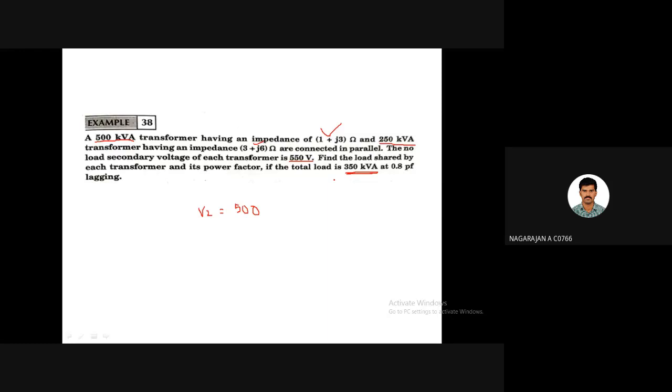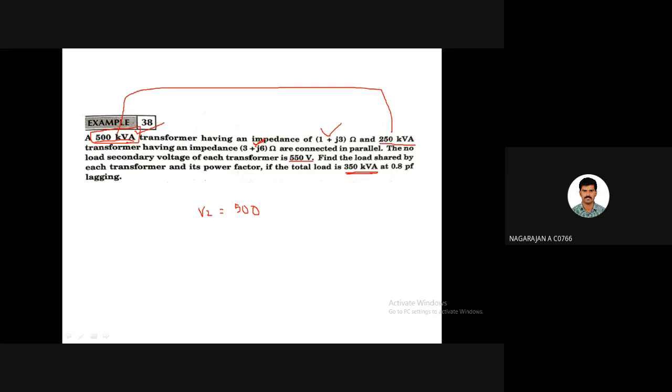If a problem is given in such a way, you need to change the impedance value based on which transformer is higher rated. Out of these two transformers, 250 kVA and 500 kVA, the 500 kVA transformer is the bigger one, so we need to consider that as the base value.